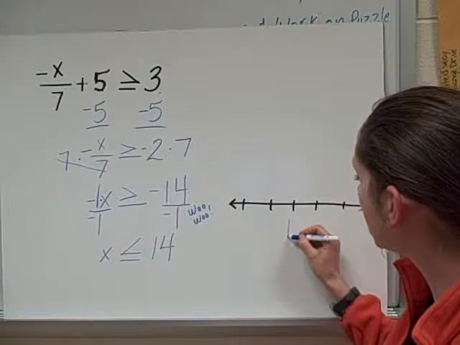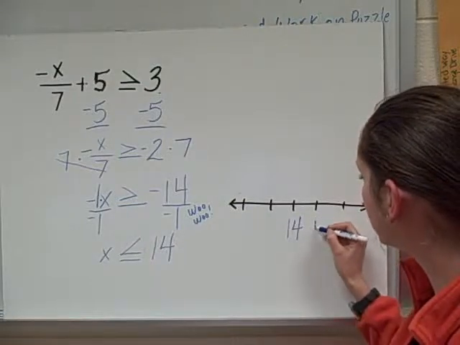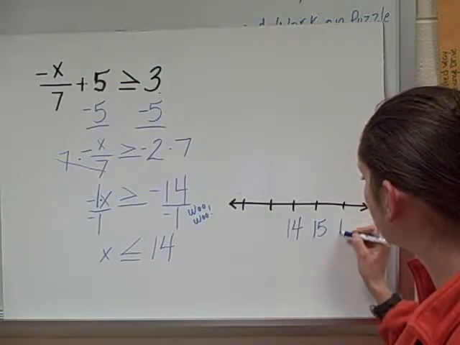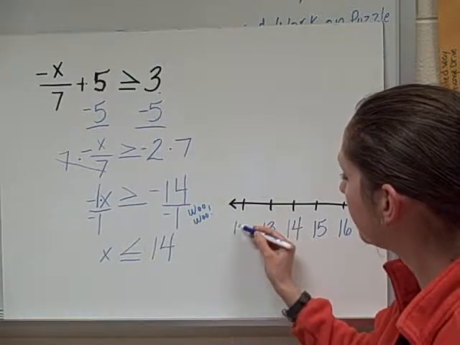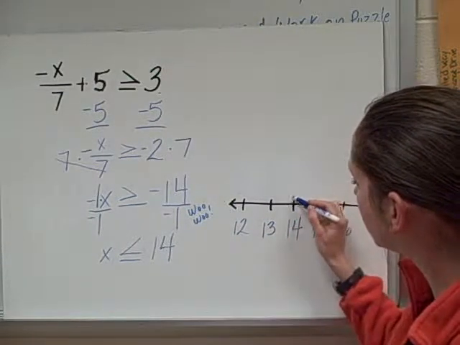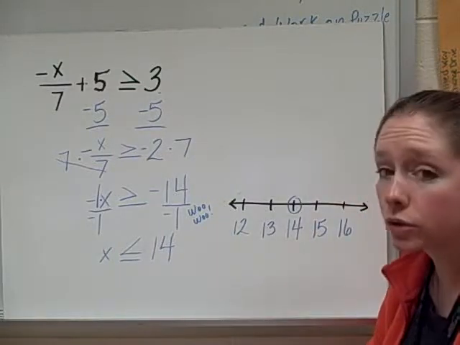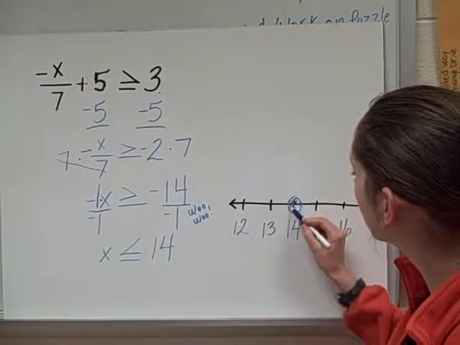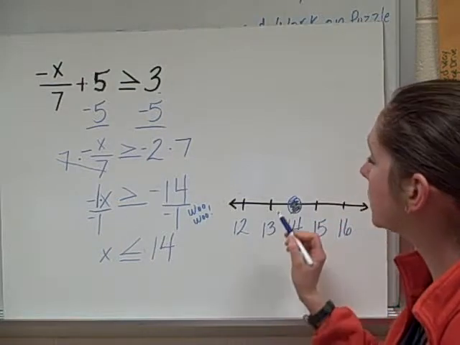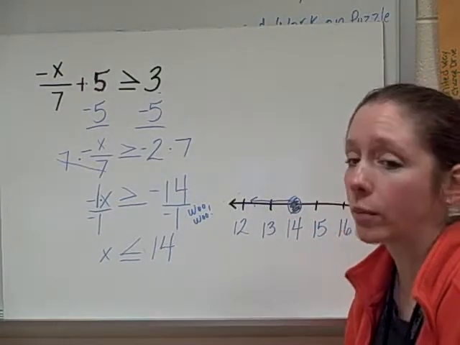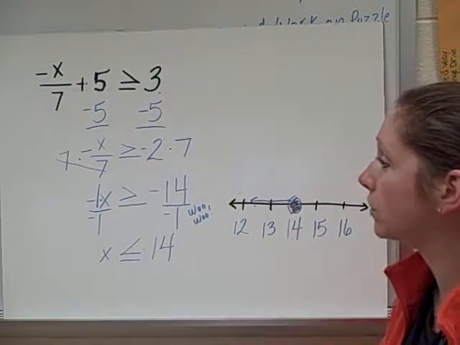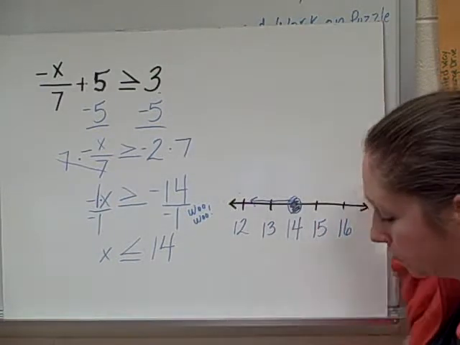So let's put our 14 here, put some numbers around it. Okay, so closed circle on 14, because it could include the 14. And I'm going to shade in this direction, because it includes all numbers less than or equal to 14.